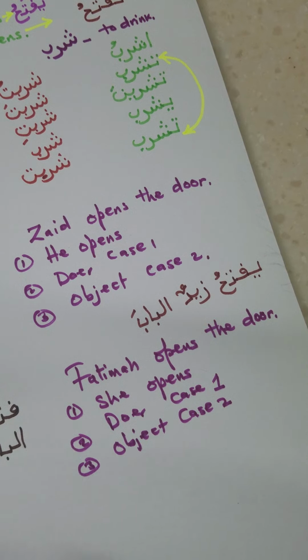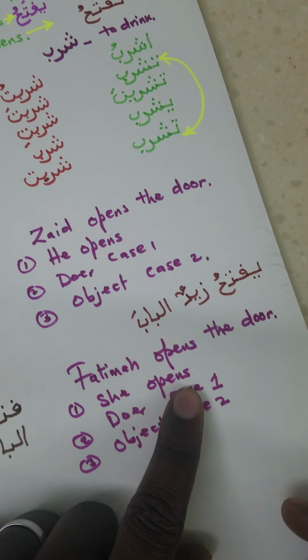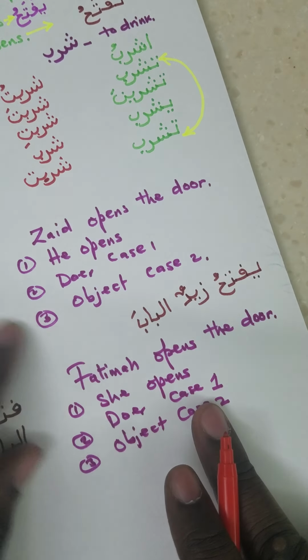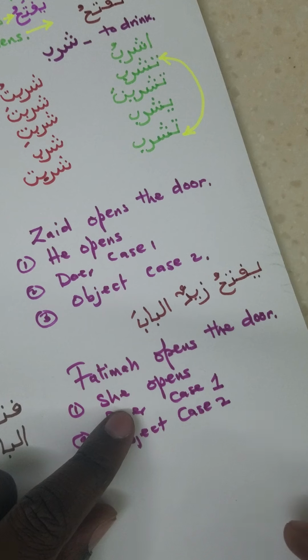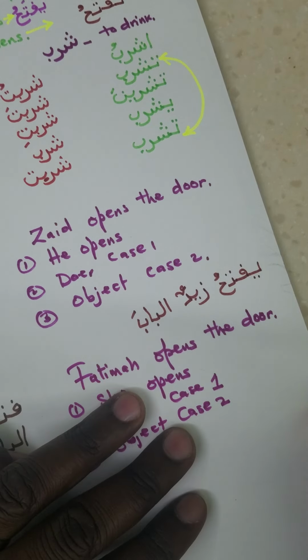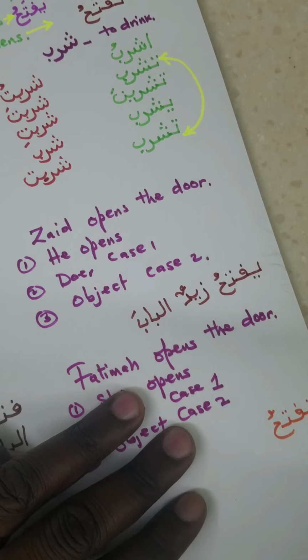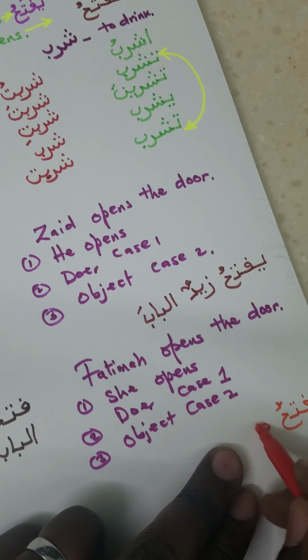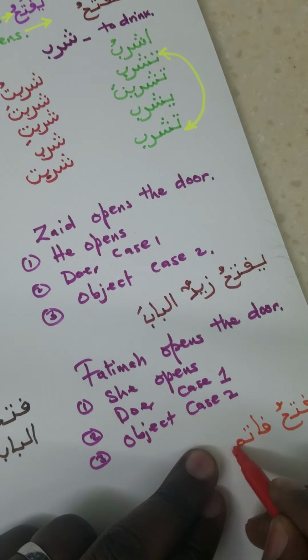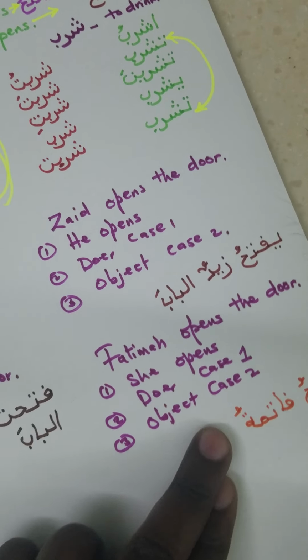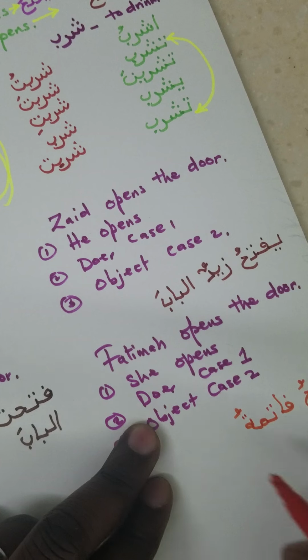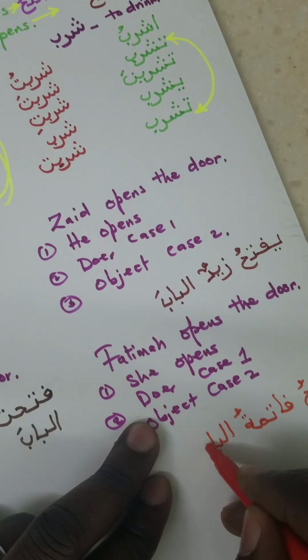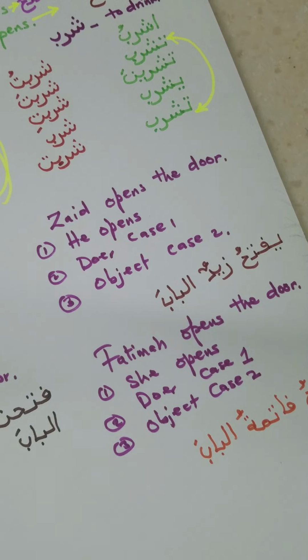First of all, we shall have she opens. And she opens, if you look at the examples we have been giving, is going to be taftahu, taftahu, name Fatimatu, case 2 of the object, al-baba. So this is how easy these things can be.